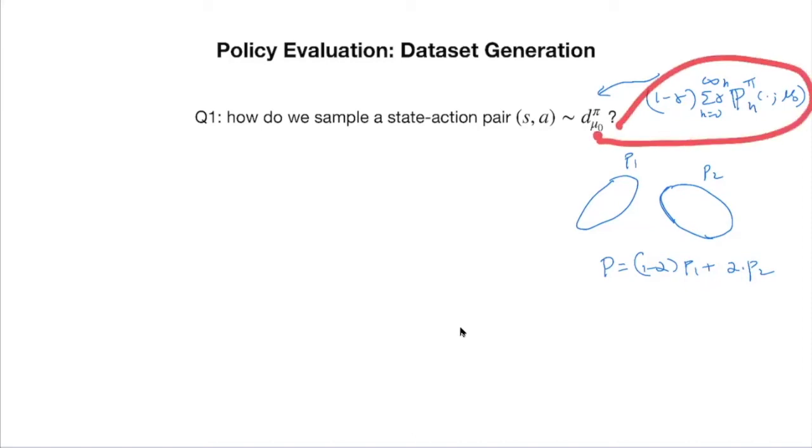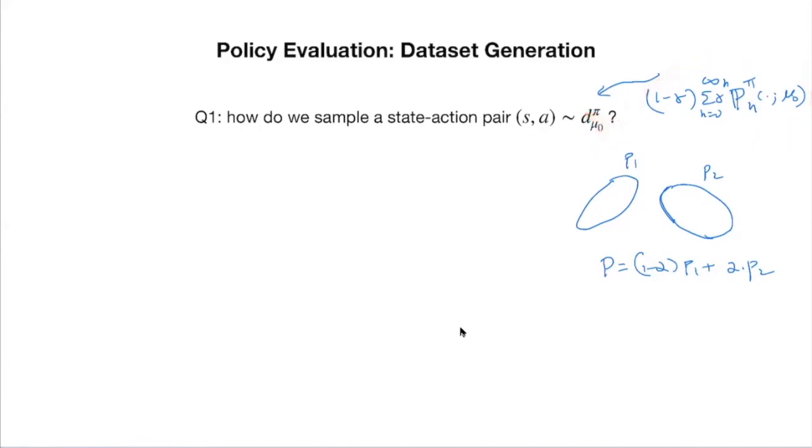So in our case, this is a similar situation. For now, forget about the trajectory distribution. Just think about this as an infinite mixture, and every distribution has some probability of being sampled. The probability of being sampled is gamma to the power of h times 1 minus gamma. So can we just keep flipping a coin, or generating a random number between 0 and 1, until it's less than gamma, and that will give us the mixture we're sampling from?